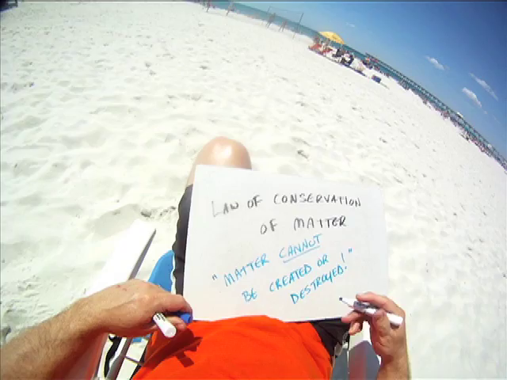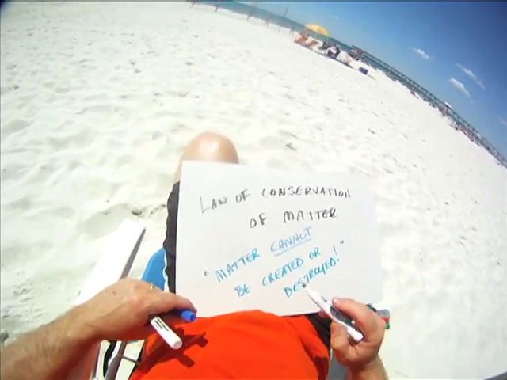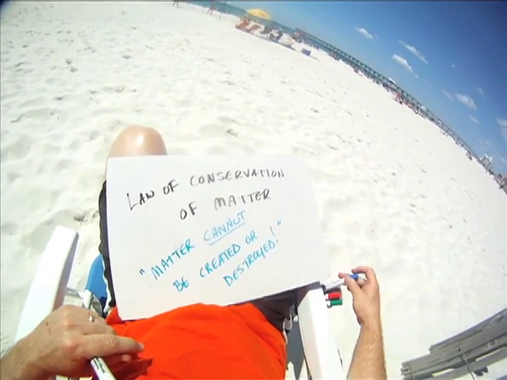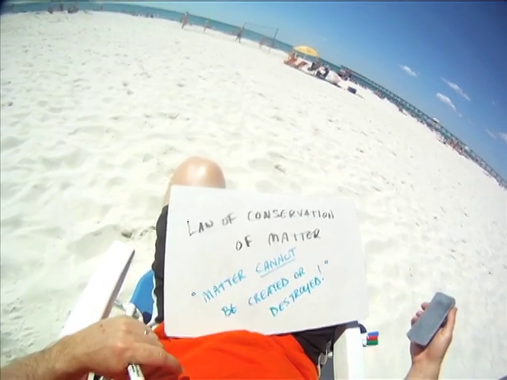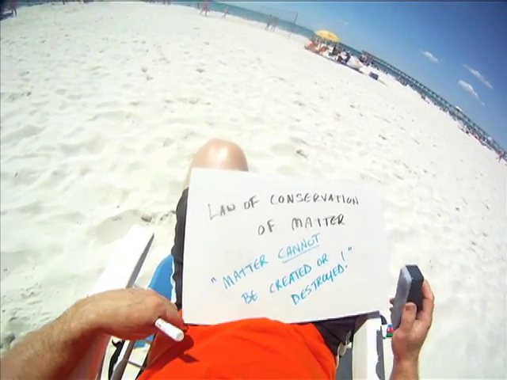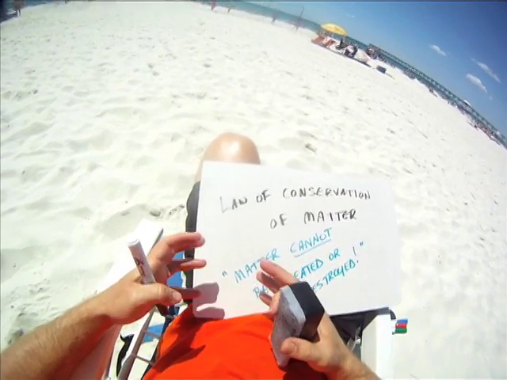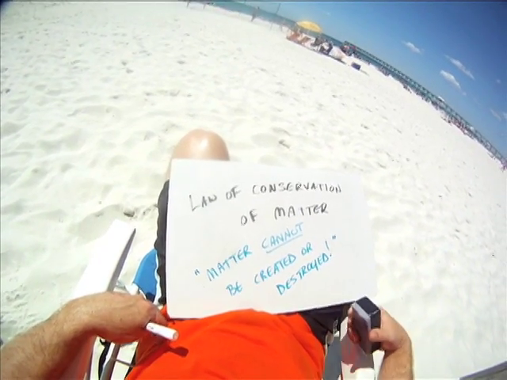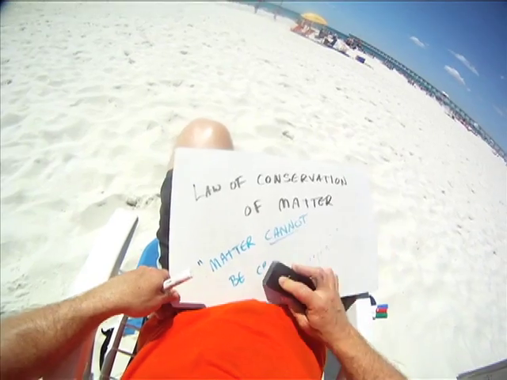Alright, now we've talked about this before, but this becomes really important when we start talking about chemical equations and how we want to try to make new molecules or chemicals. So as we start to make these things, what we start with has to be in our product somewhere.